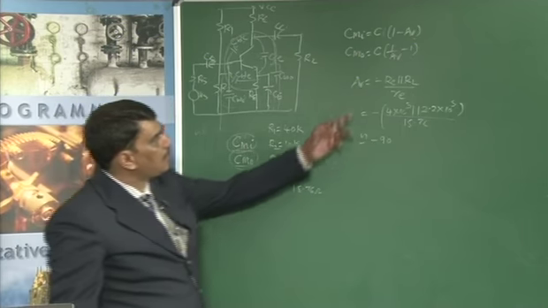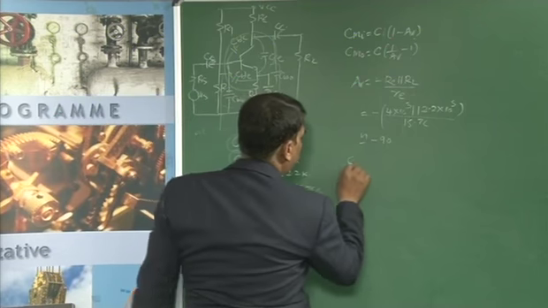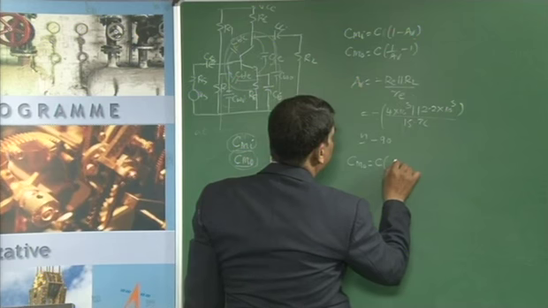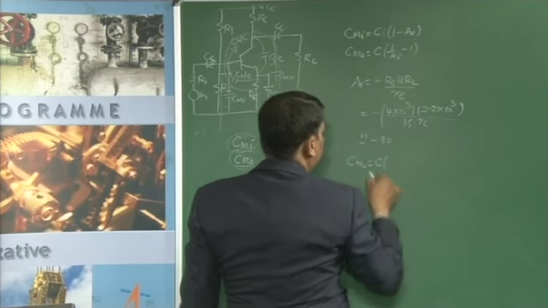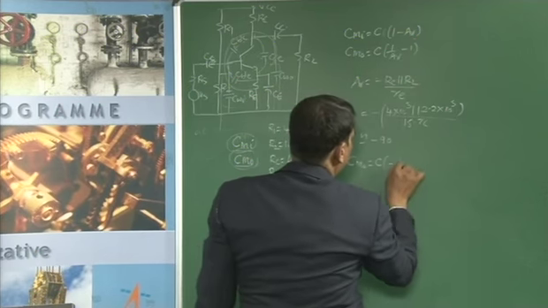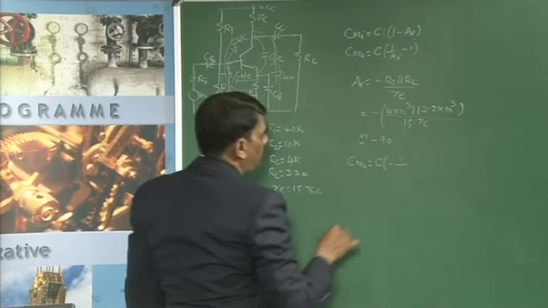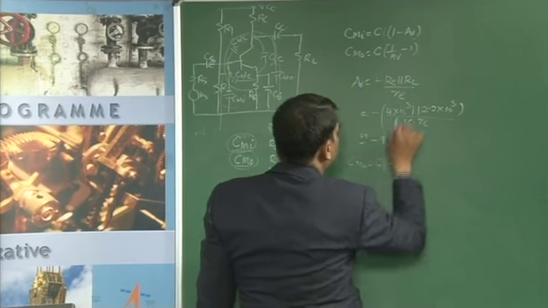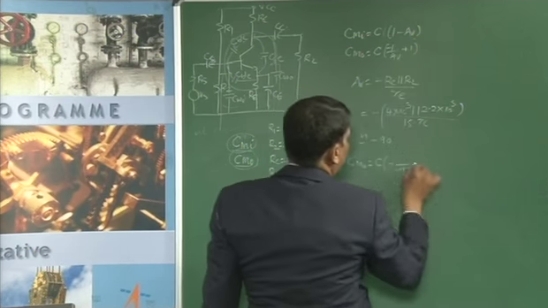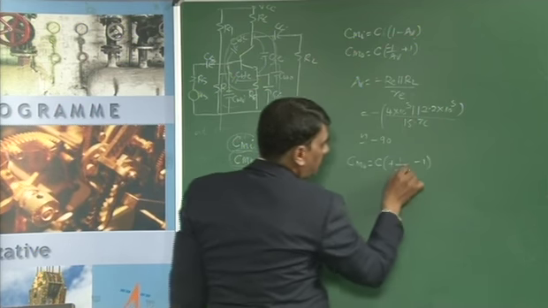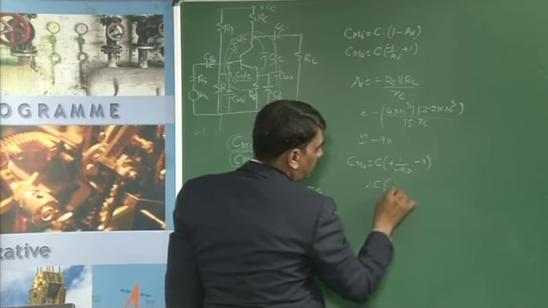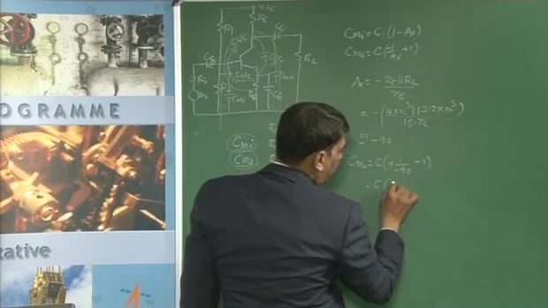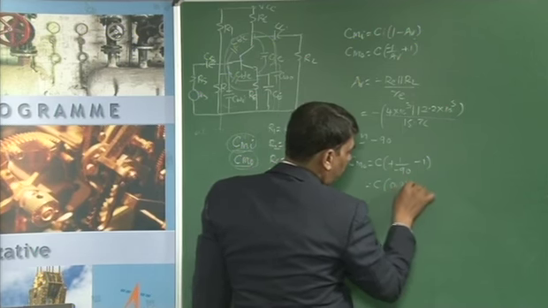If you substitute this in the expression, C_M0 is equal to C into (1 minus 1/A_V), which is approximately C into (1 plus 1/90), that is 0.011.